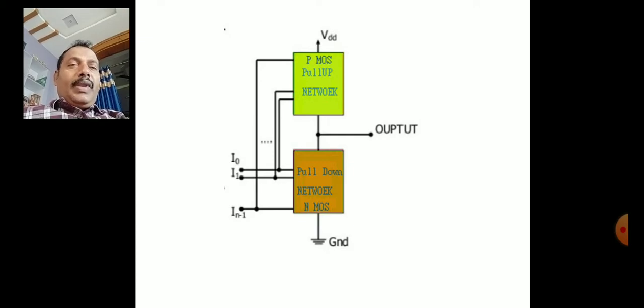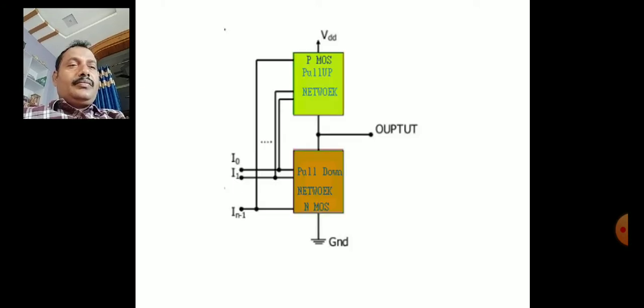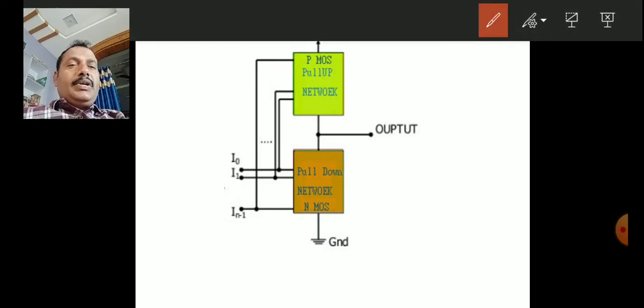network. Observe here, all the PMOS transistors are the pull-ups. This is the pull-up network, connected to VDD, and this is the pull-down network, which is connected to ground.